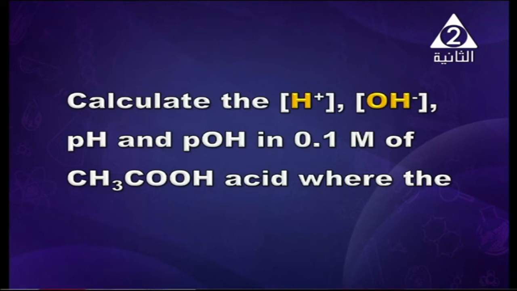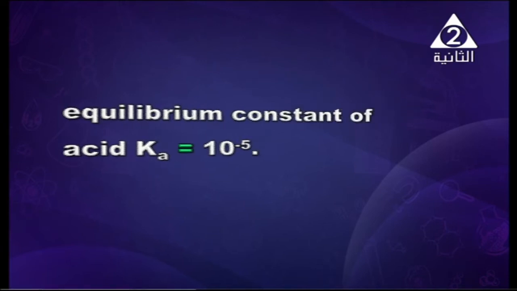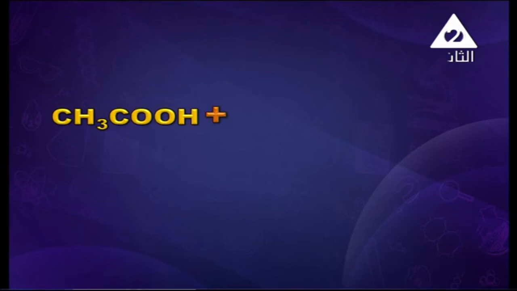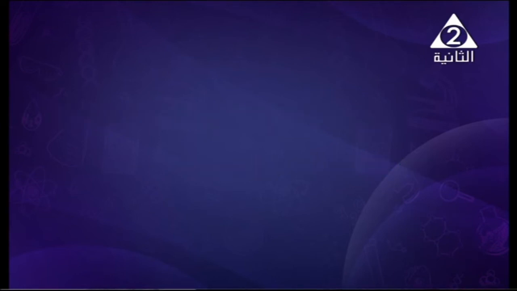Next example, calculate the concentration of hydrogen ion and the concentration of hydroxide ion, and pH and pOH in 0.1 molar of acetic acid, where the equilibrium constant of the acid Ka equals 10 to power negative 5. Here solution, the acetic acid plus water in equilibrium gives acetate ion and hydronium ion.